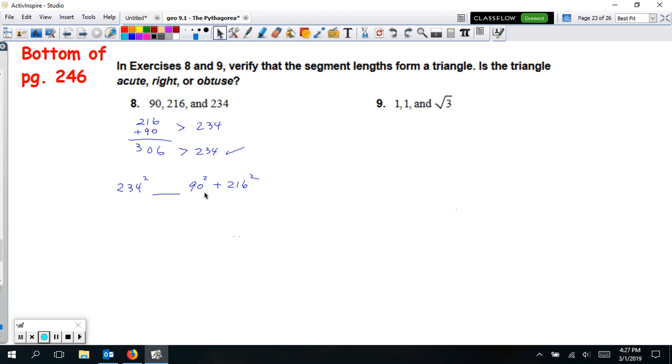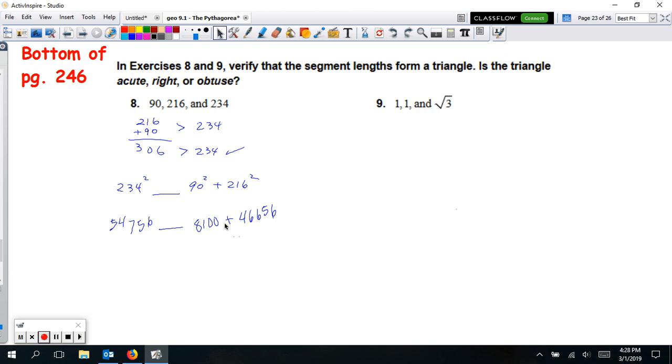As we work this out, we're just going to be squaring these numbers. You would do that on the calculator, of course. 234 squared becomes 54,756. 90 squared, that's 8,100 again. 216 squared is 46,656.